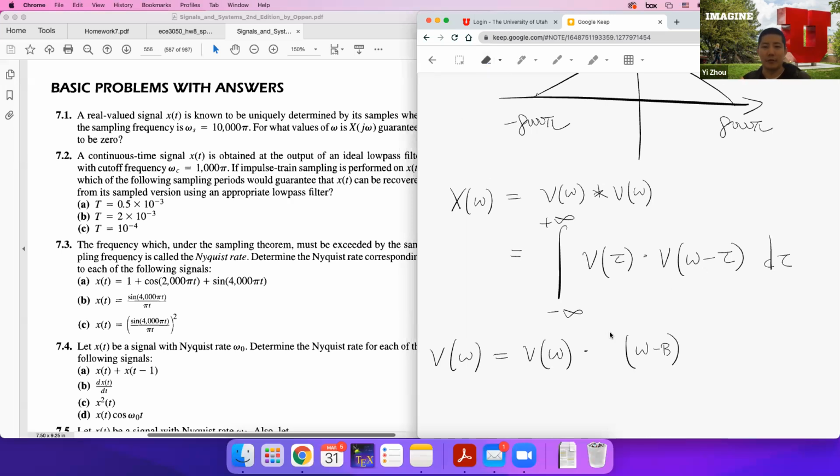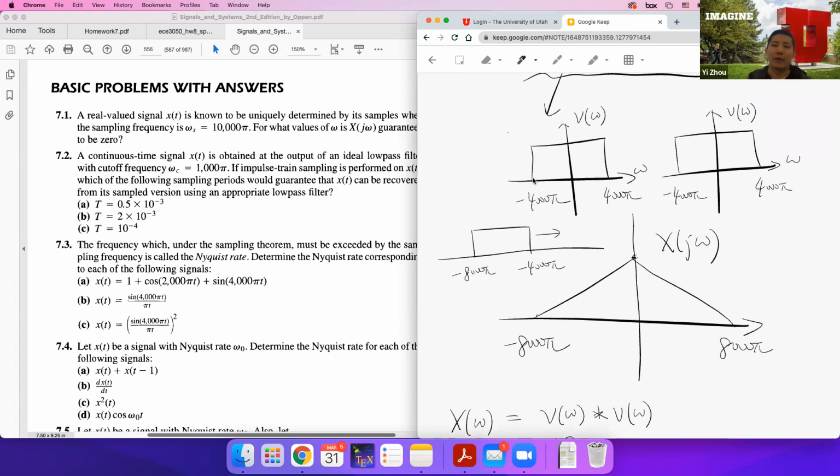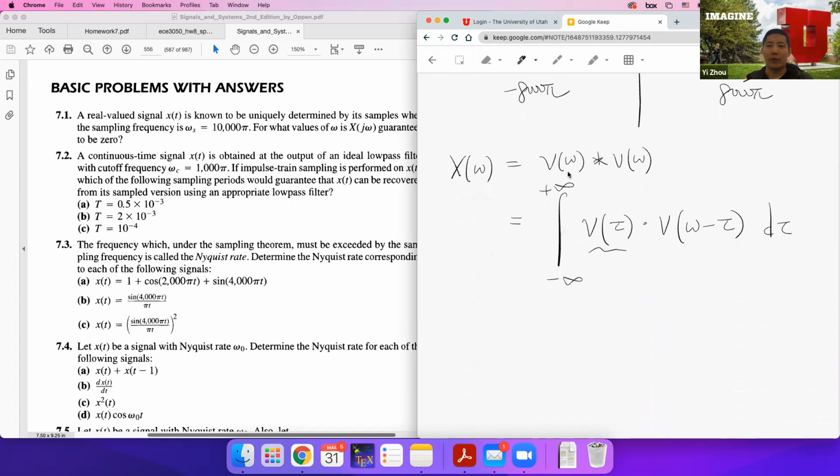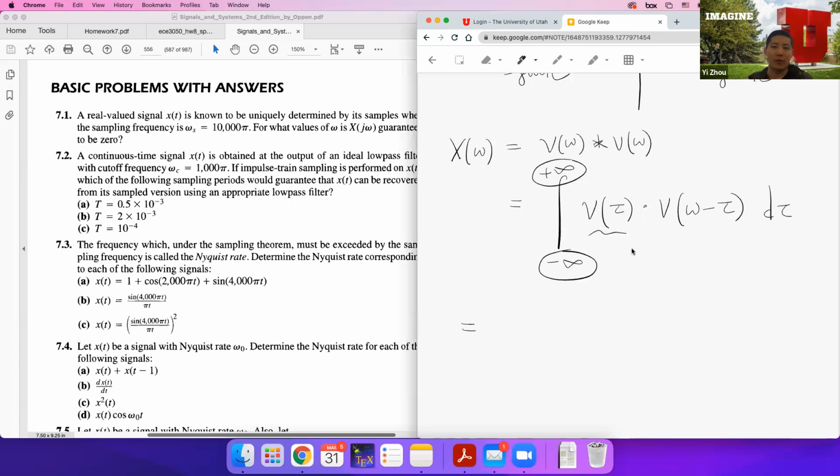Here the integration, by definition, goes from negative infinity to positive infinity. But since V of omega is band limited, we can restrict the integration over their domains.